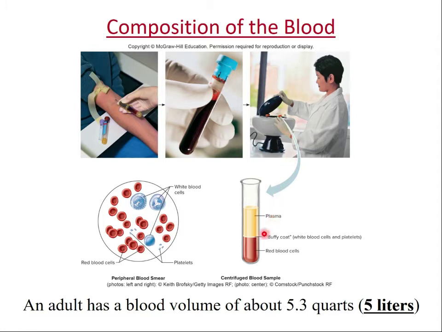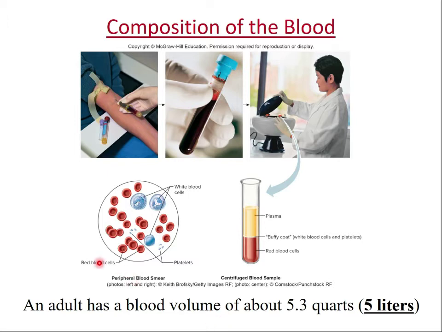When you spin it down, the cells separate from the liquid. The cells all precipitate down, and we will see mostly red blood cells. You'll see a little bit of white blood cells on top, and then the liquid form. So this is how you are able to separate the plasma from the blood cells.